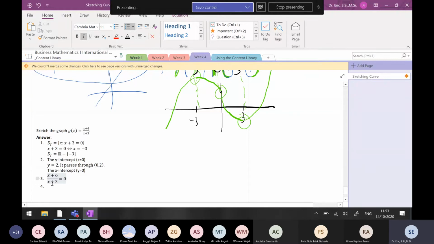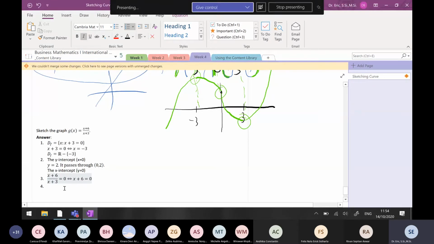Remember, x must not be minus 3 because it is not in the domain. So I can multiply by x plus 3, and you have x plus 6 equals 0.